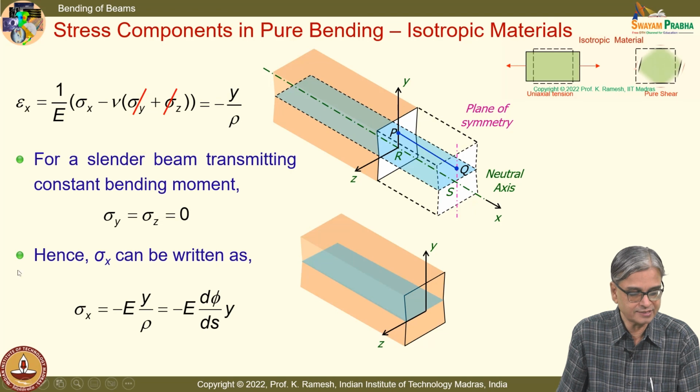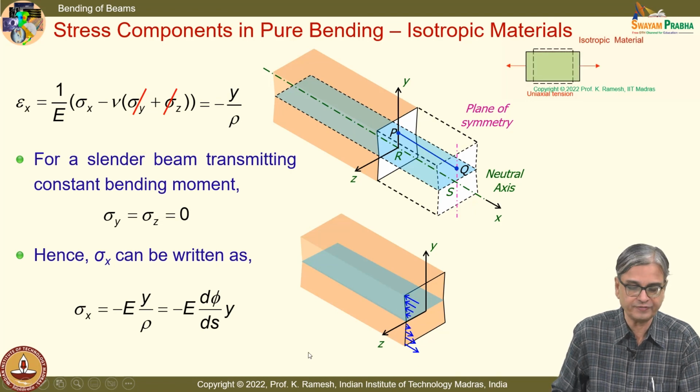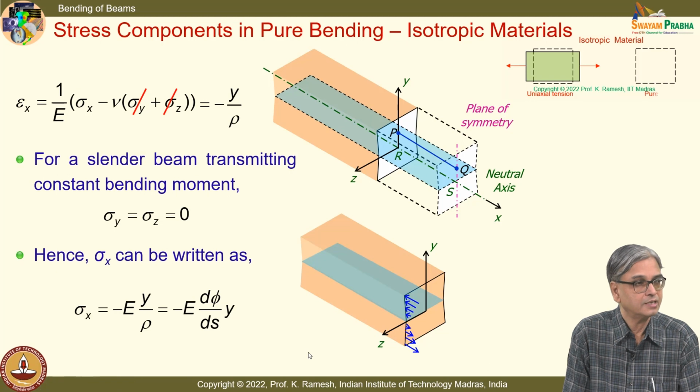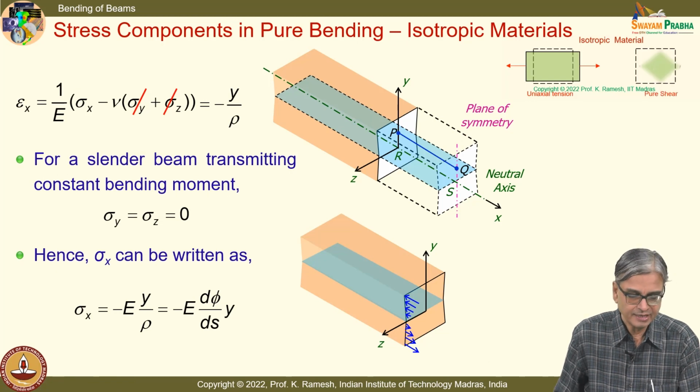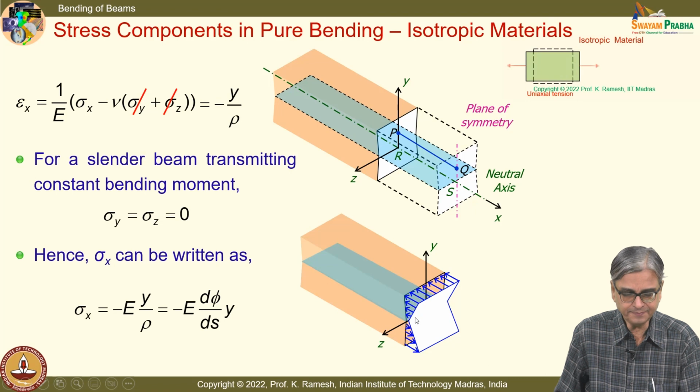So I have sigma x equal to minus E times d phi by ds into y. So it varies linearly like this. Make a sketch out of it. It varies linearly, and I have shown this as a three-dimensional picture. When you look from the side view, it varies linearly.